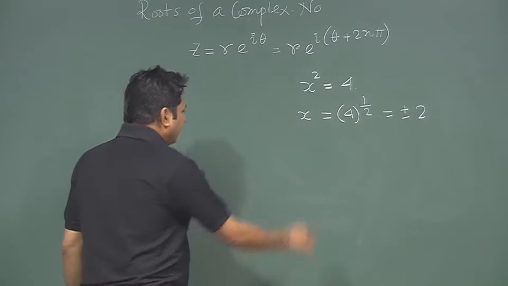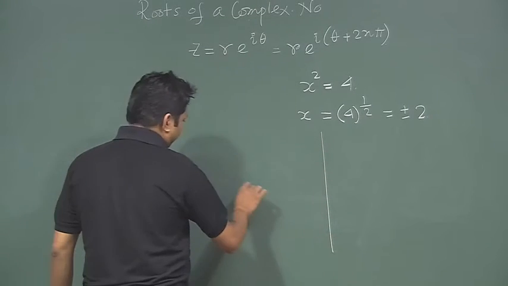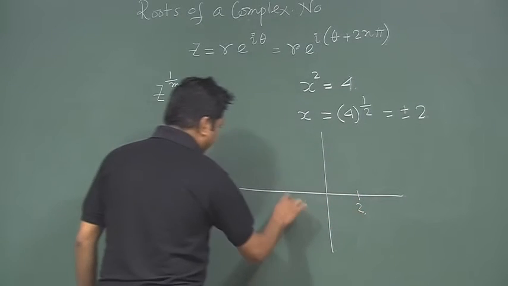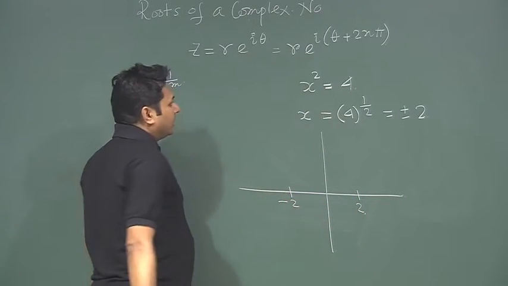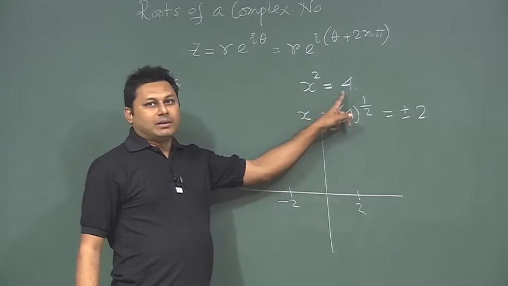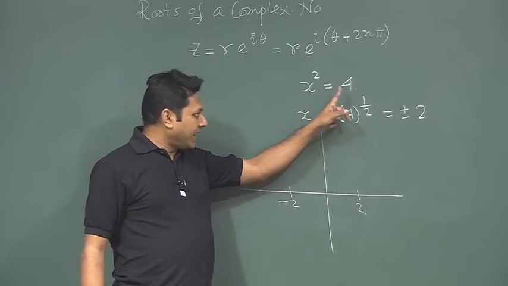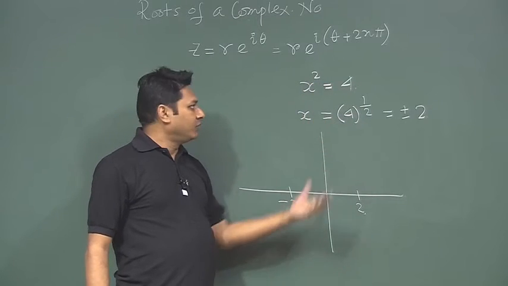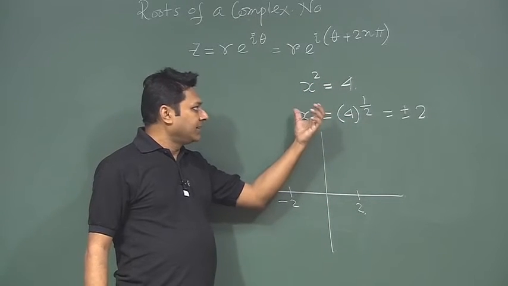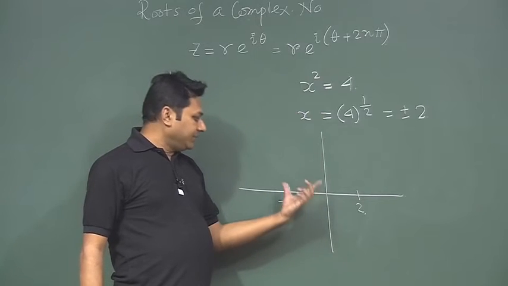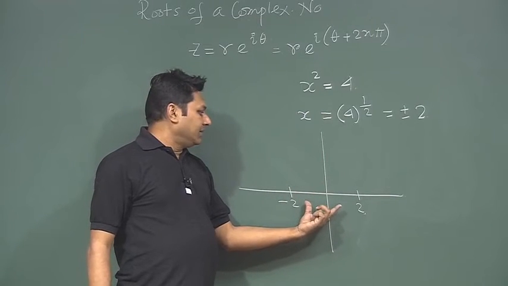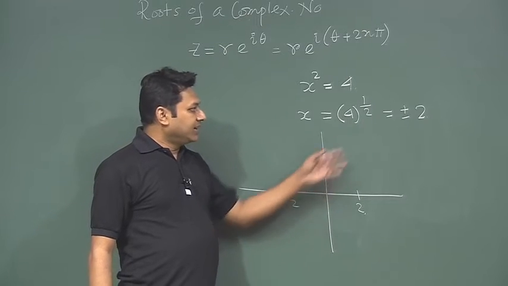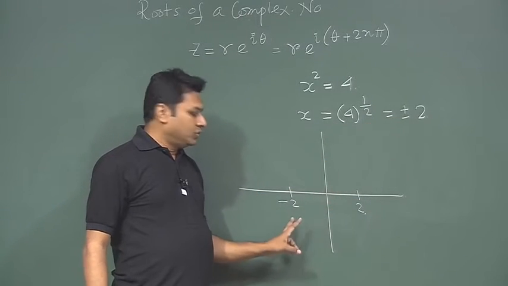So, that means I will have here 2 and here minus 2, and this is the root of a real number. You can have any number, and when you make a square root of that, then you have 2 numbers. If you have a cube root of that, you are supposed to have 3 numbers. If the roots are real, then 3 real roots you will get. But the important thing is that the plus minus sign gives you 2 roots here.